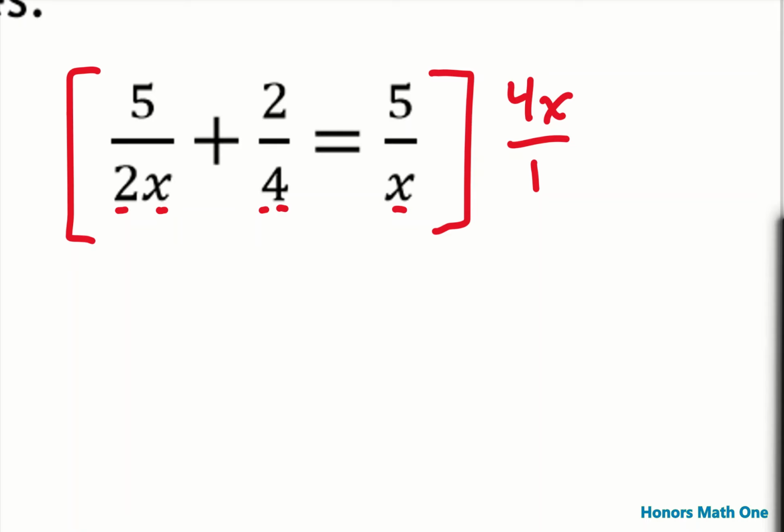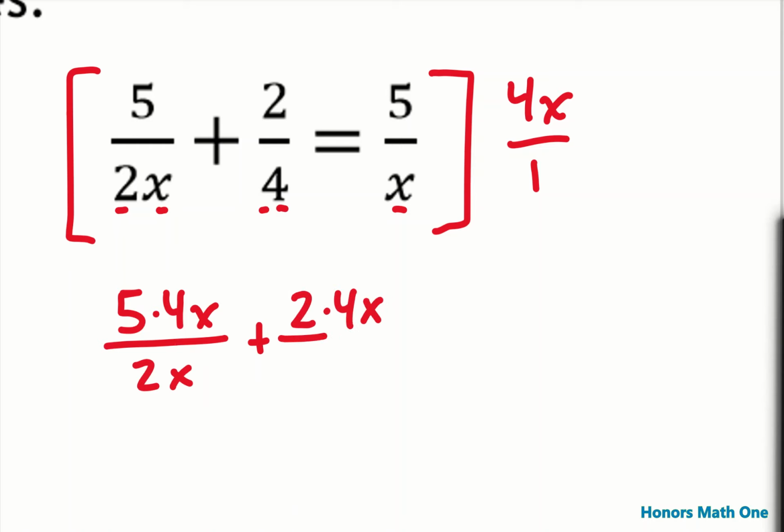So what I do next is I just write the equation again, but I'm very intentionally pushing factors of 4 and x in each of the numerators, plus 2 times 4x over a 4, and then that equals 5 times 4x all over x.